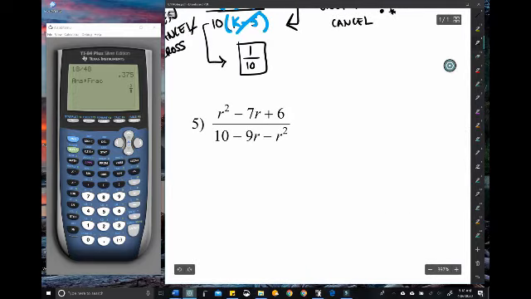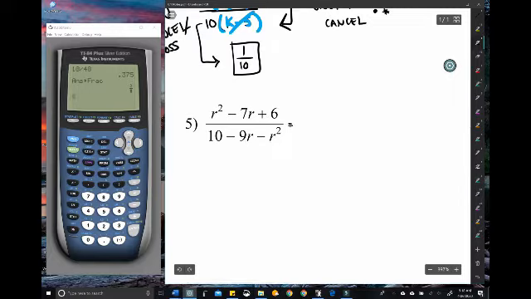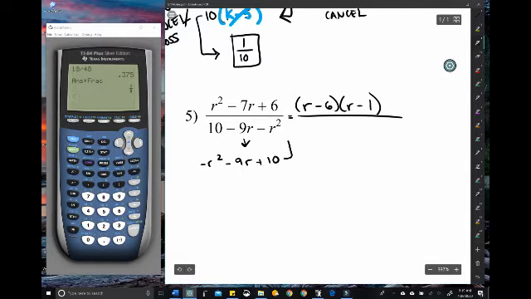For 5 and 6, we can factor the numerator and denominator. Double factoring fun. So r minus 6 and r minus 1 are the factors that add to negative 7. This one, let's just rearrange it. So it's going to be negative r squared minus 9r plus 10. And I'm going to write that up here. If the r squared is negative, take out a factor of negative 1.